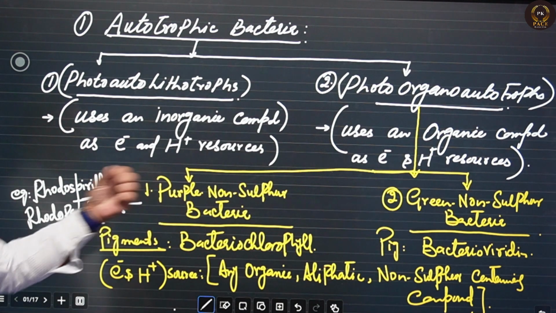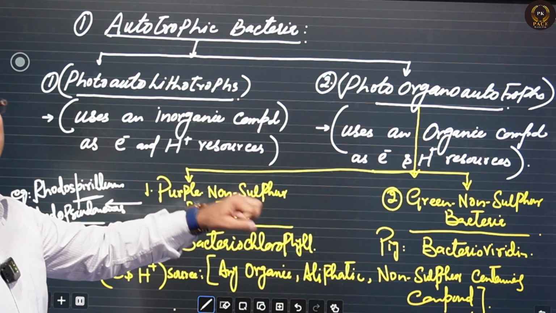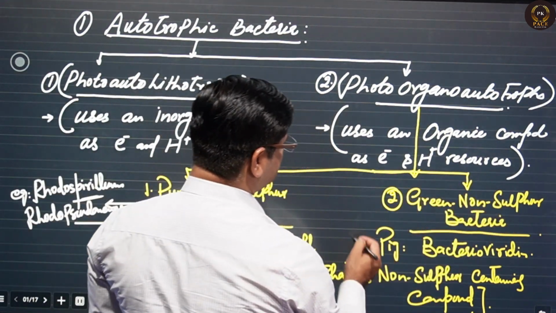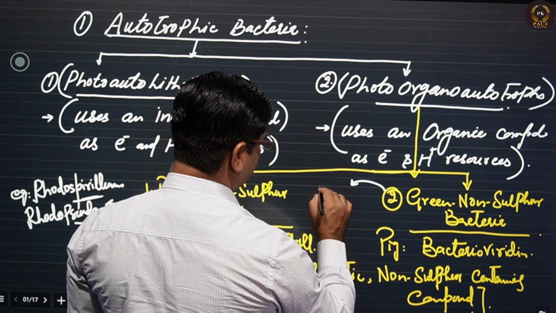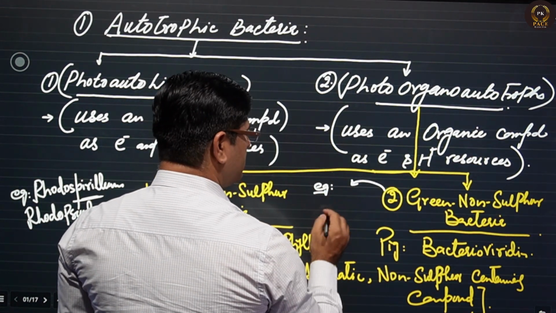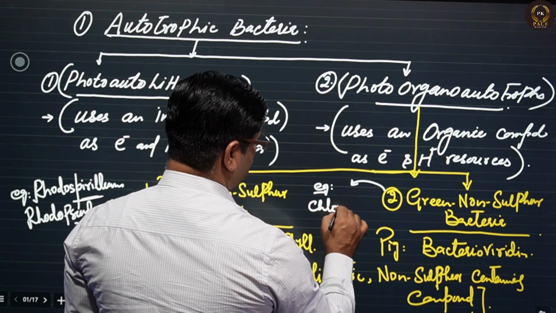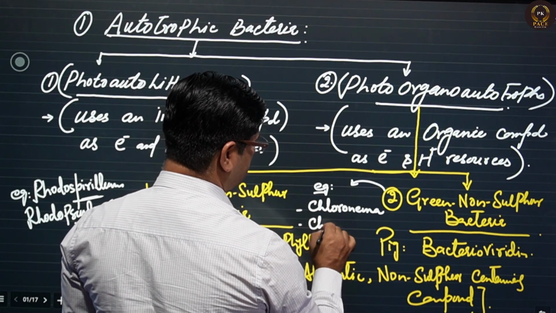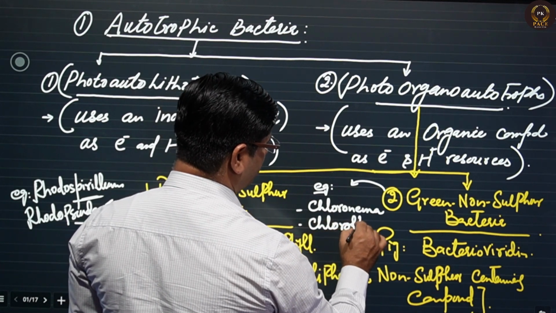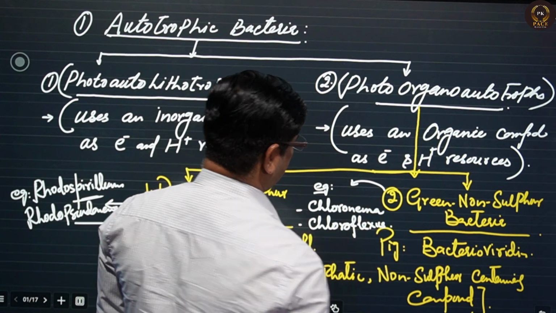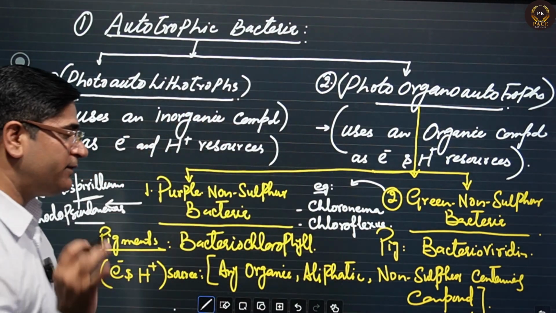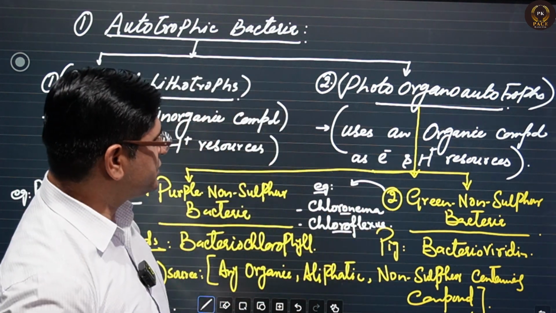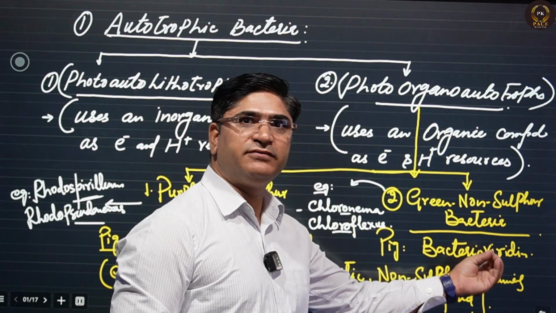These are the examples of this group, purple non-sulfur bacteria. Some examples of the green non-sulfur bacteria are Chloronema and Chloroflexus. Chloronema and Chloroflexus. Okay? So these are the two examples of bacteria which come in the category of green non-sulfur bacteria.